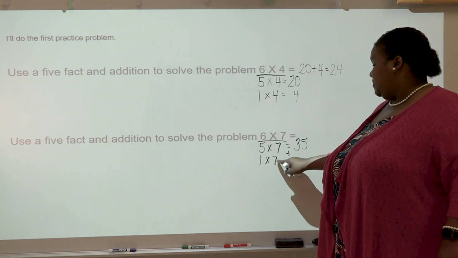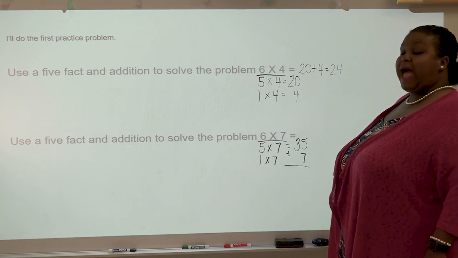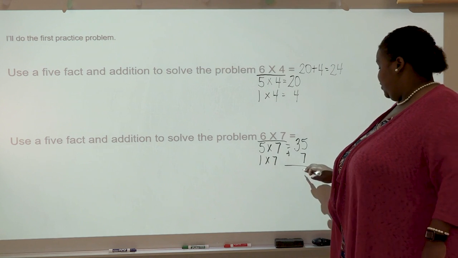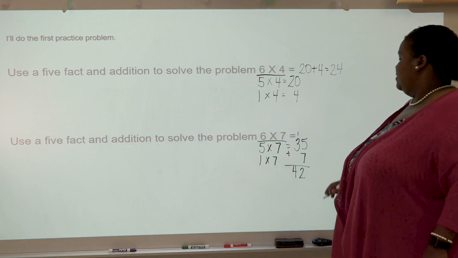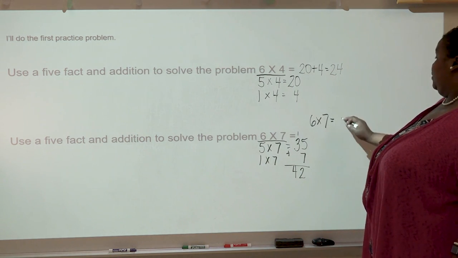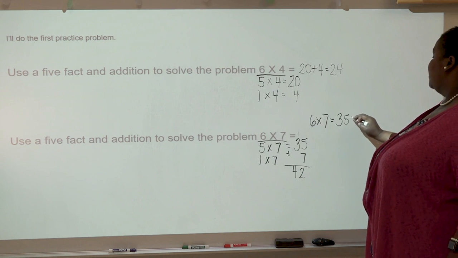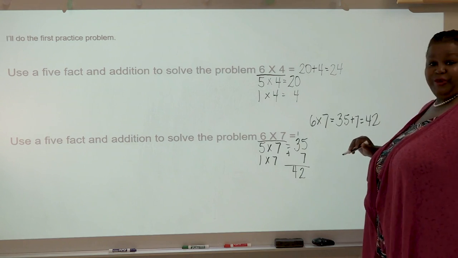Plus 1 times 7 equals 7. When I add that up, carry my 1, 42. So 6 times 7 is equal to 35 plus 7, which is equal to 42.